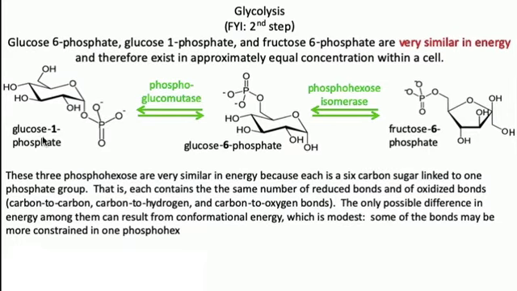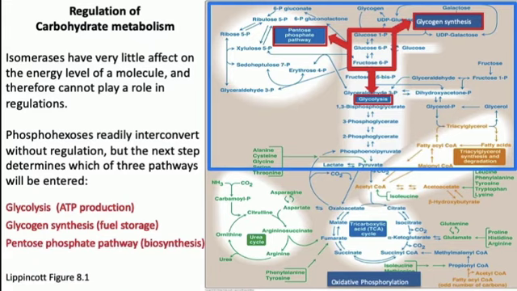Phosphoglucomutase interconverts between two forms of glucose, whereas phosphohexose isomerase refers to two different types of hexoses, glucose and fructose, in case you're curious. Let's put this in the context of the central metabolic pathways figure.